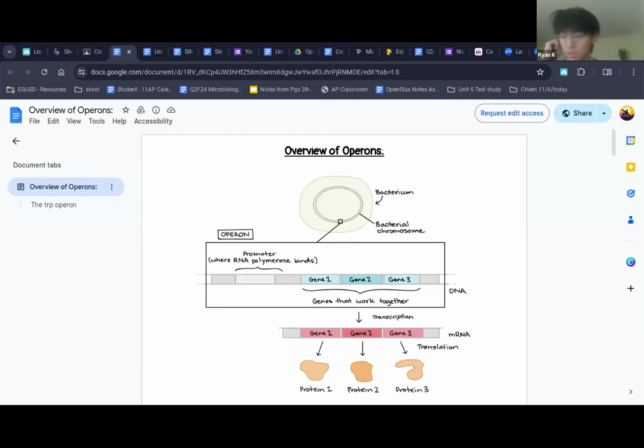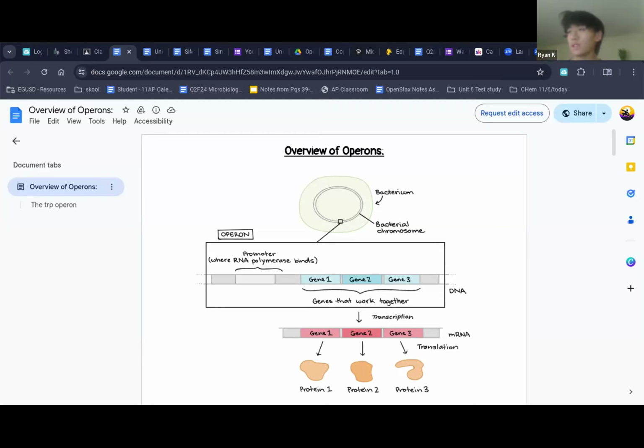Oh yeah, and transcription is reading the DNA, and because transcription has a C in it, it goes first, and then translation goes after transcription.